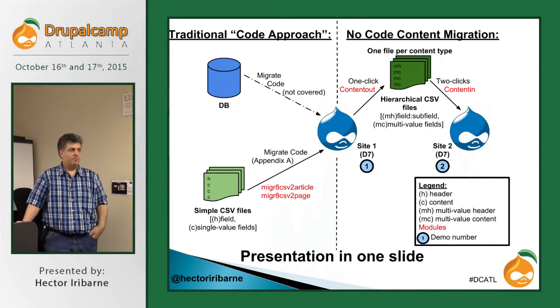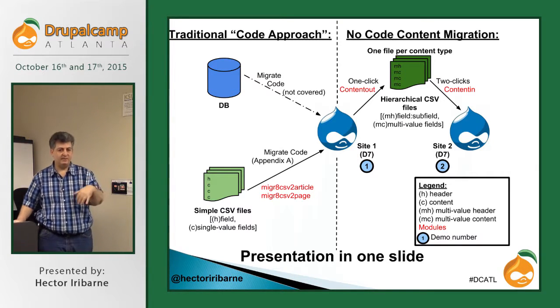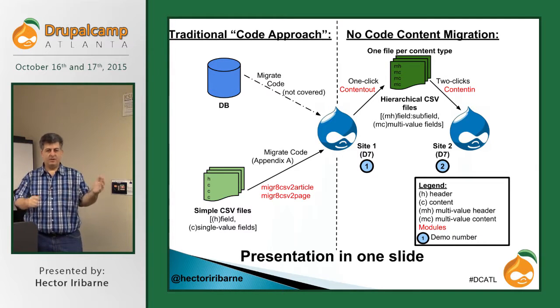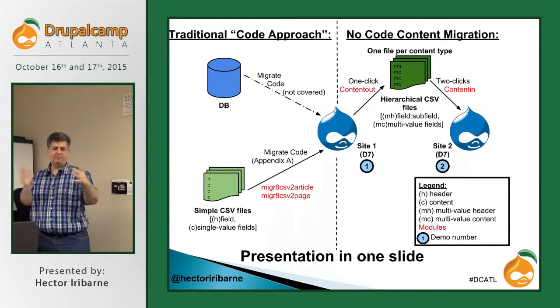It doesn't just copy the content types. Any fields that are attached to the content type also get exported. I support all the fields that come with Drupal core in 7. I'm also going to show you an example that has entity references, so it will actually copy over all your references.